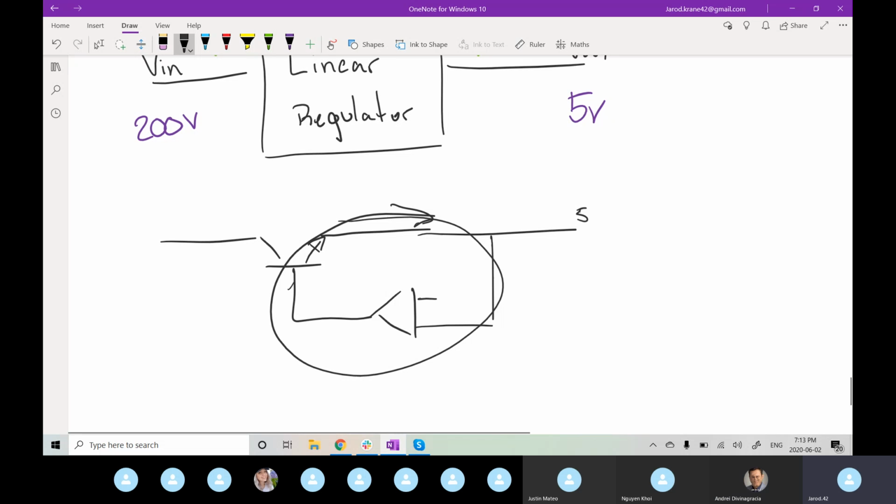So you'll have a lot of heat losses and power dissipation, because to go from 200 down to 5, that power has to go somewhere.